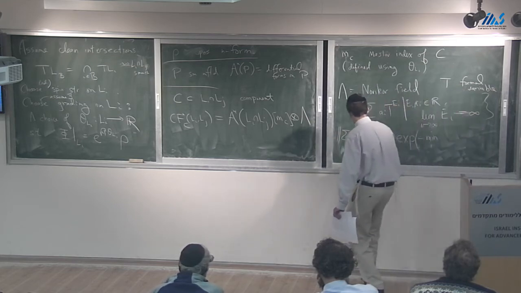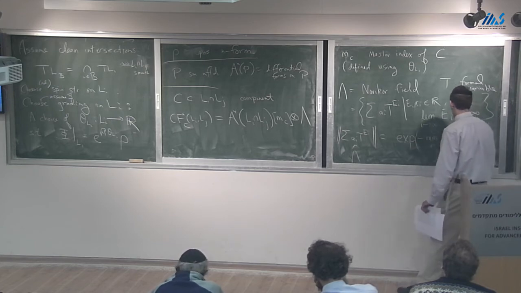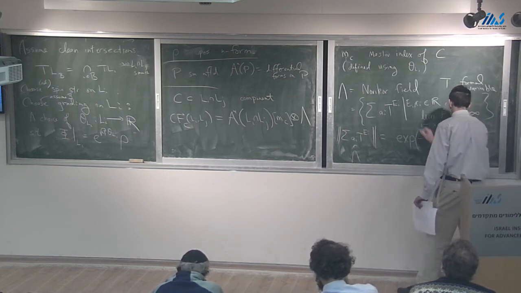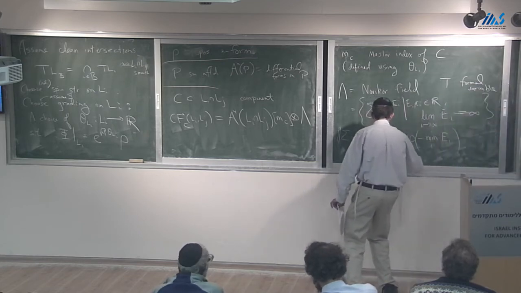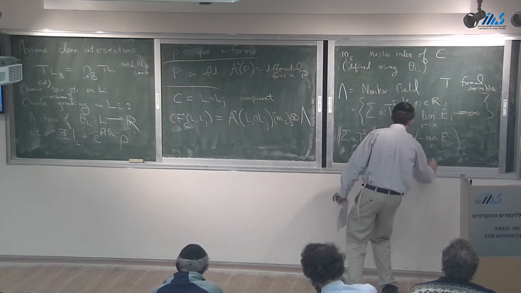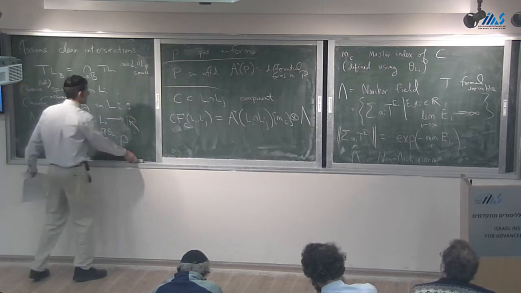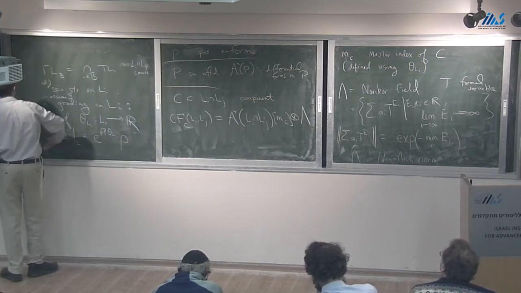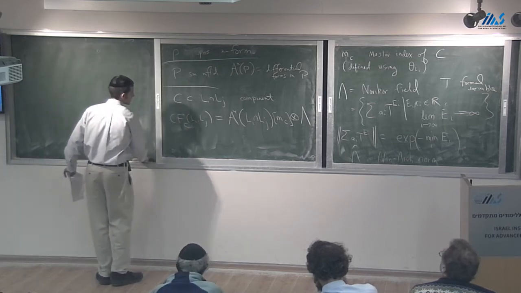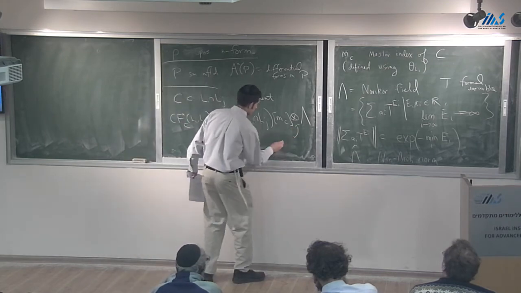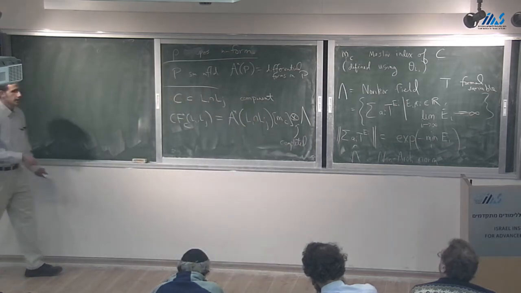If this thing belongs to lambda, then this limit is infinity, so the minimum exists. I can take the minimum of ei like that. This defines a non-Archimedean norm. And of course, this tensor product is completed. All vector spaces are completed with respect to this norm. We'll no longer mention that. So we get a norm, of course, also on the Floer complexes.